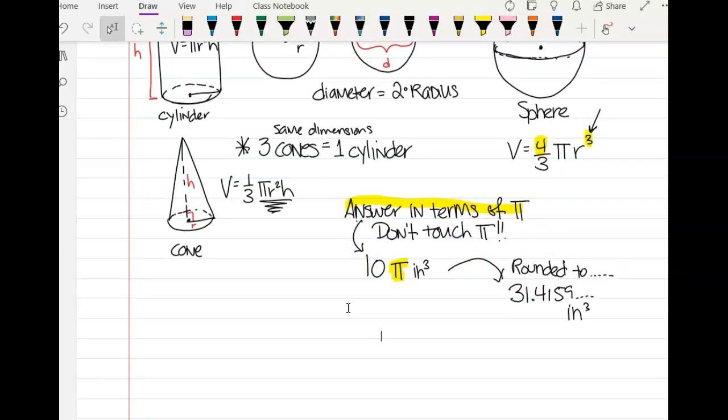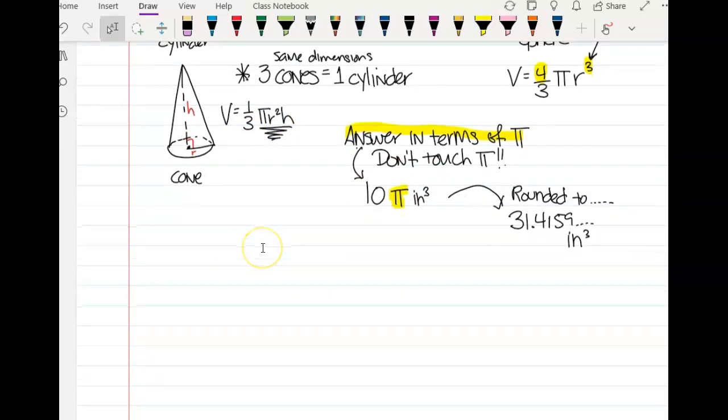And again, if I were you, I might even throw on an example from our notes, especially if you have a hard time with working backwards, maybe taking a look at the step-by-step directions on what we did if we had it in terms of pi. So what I'm talking about here is, let's say, there's a cone and its volume, I'm totally making stuff up here, and I hope it works out.